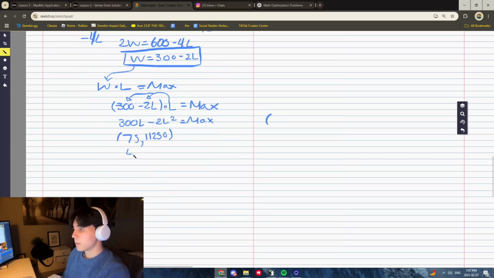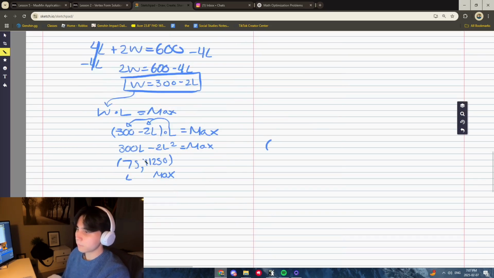So this is going to be L and this is going to be our maximum. So we found our maximum area. So this is our maximum area. So we have 11,250 meters squared equals max area, since that's our vertex.